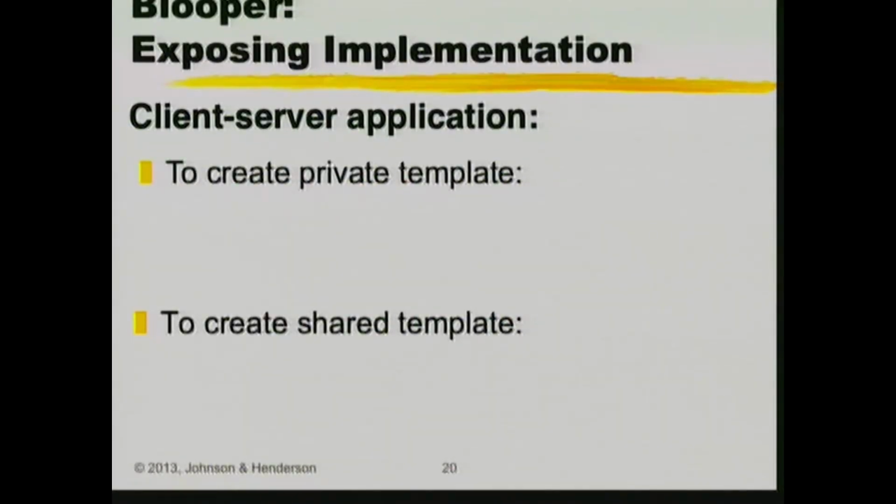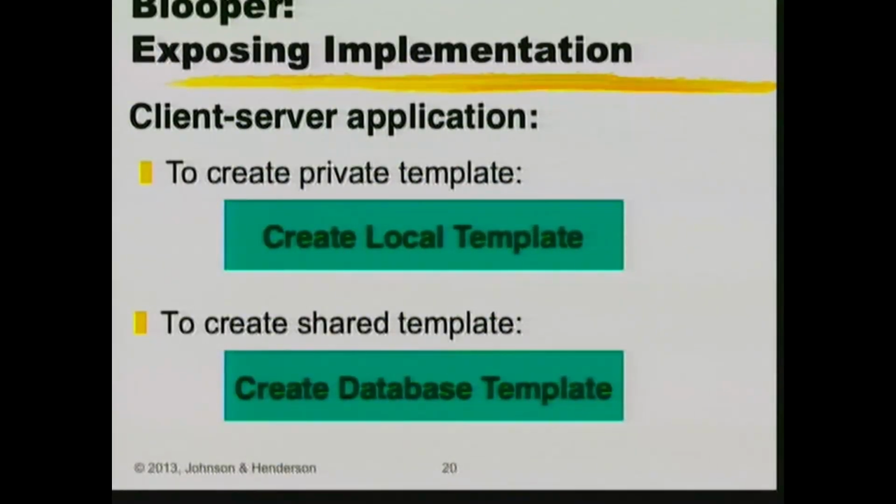And it turned out that there were 2 kinds of templates that this application could create. Ones that you, the stockbroker, were going to use, and ones that were going to be shared by everyone in your office. But the developers had already called these things create local template and create database template. Why? Because these templates were stored on your computer, and these were stored on a database server somewhere in West Virginia.